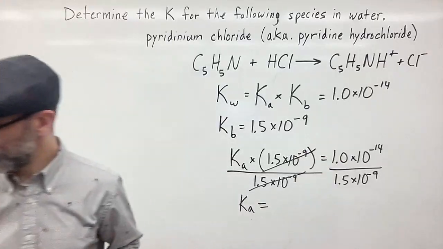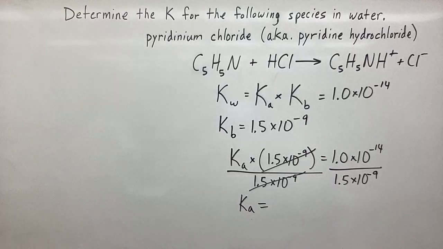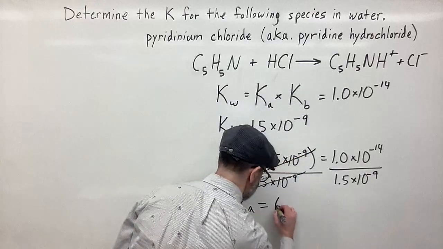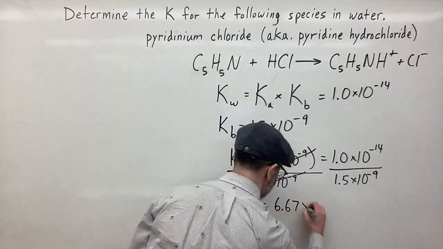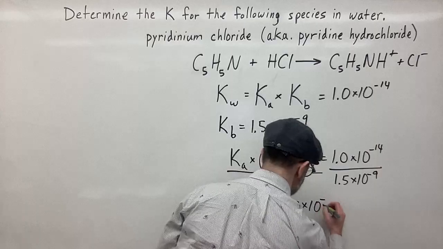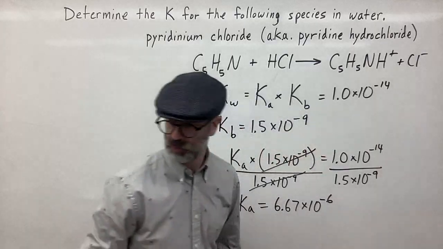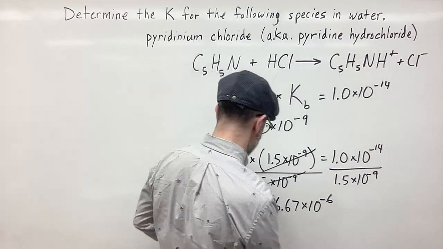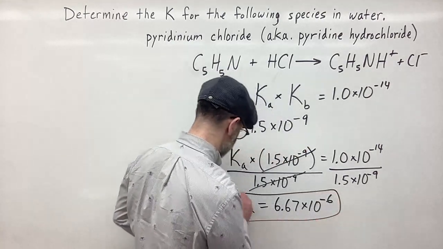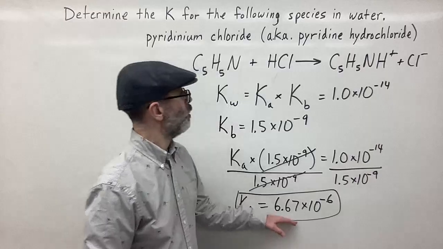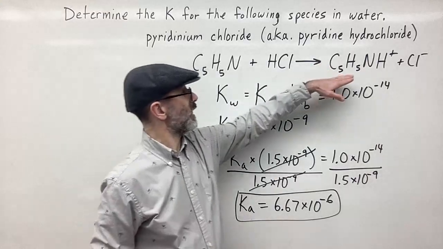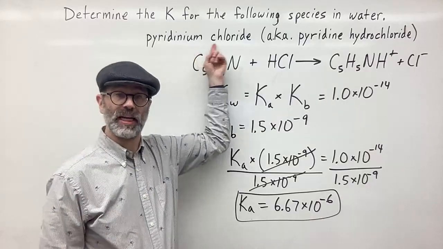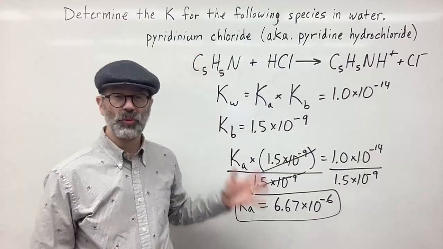And so we get 6.67 times 10 to the negative 6. So here we have the Ka value for the pyridine hydrochloride, also known as pyridinium chloride.